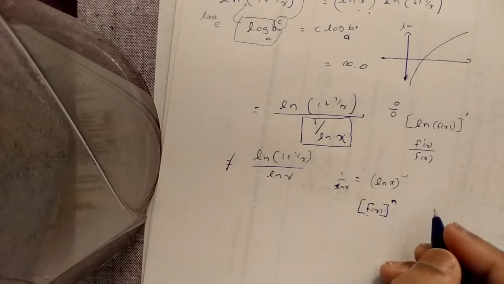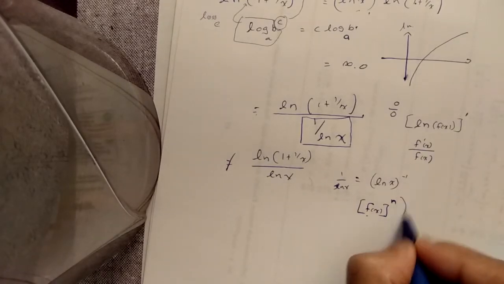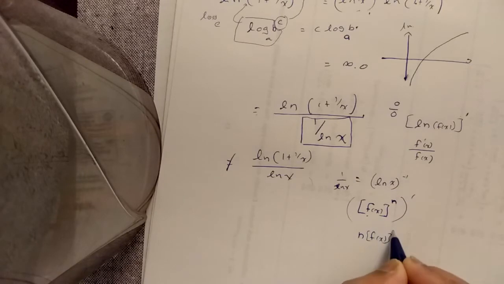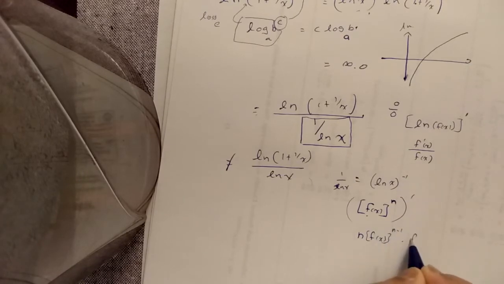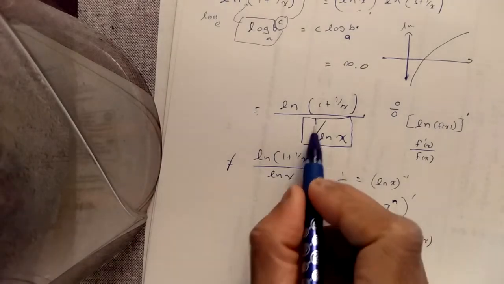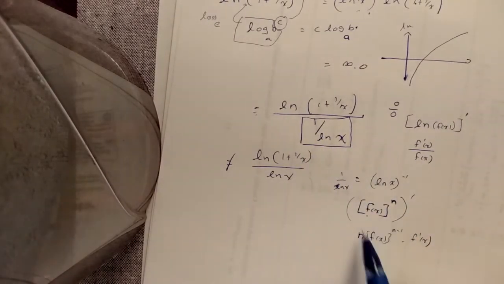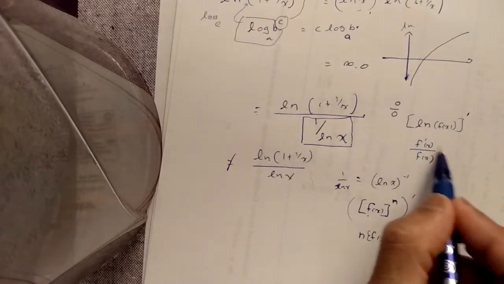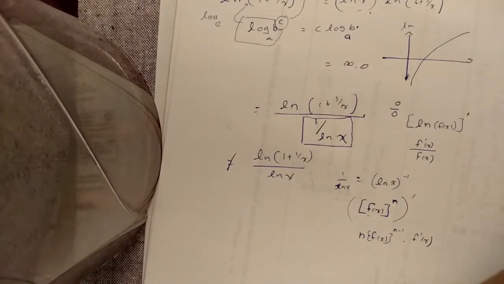In this type of problem, if we have to differentiate it, you have the standard rule: n f(x)^(n-1) times f prime x, right? So to differentiate the denominator, you will have to use this result, and to differentiate the numerator, you will have to use this particular result.